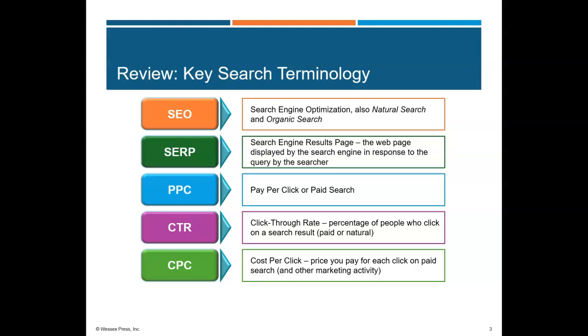This is where advertisers pay a publisher when the ad is clicked. Now, going down to this CPC, cost per click, it's the price you pay for each click on paid search. So cost per click is the price that you pay for PPC. I know that can get confusing.